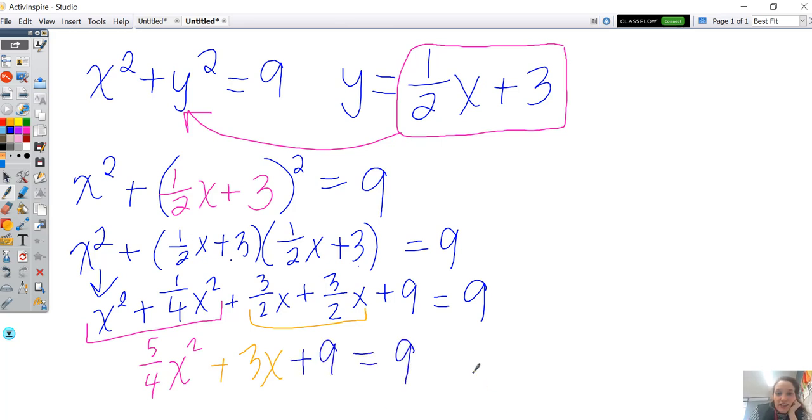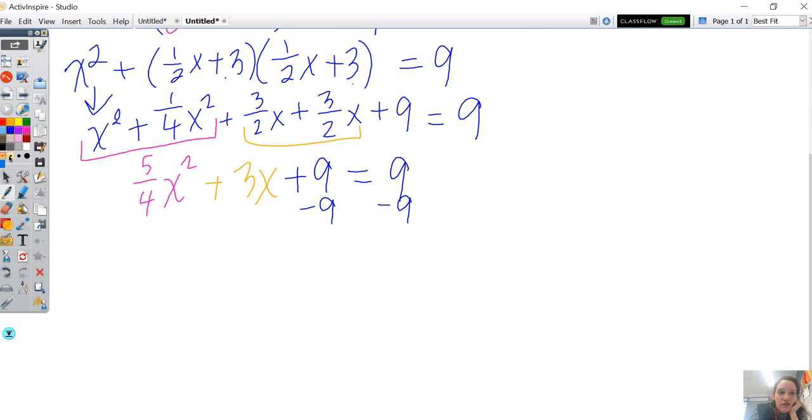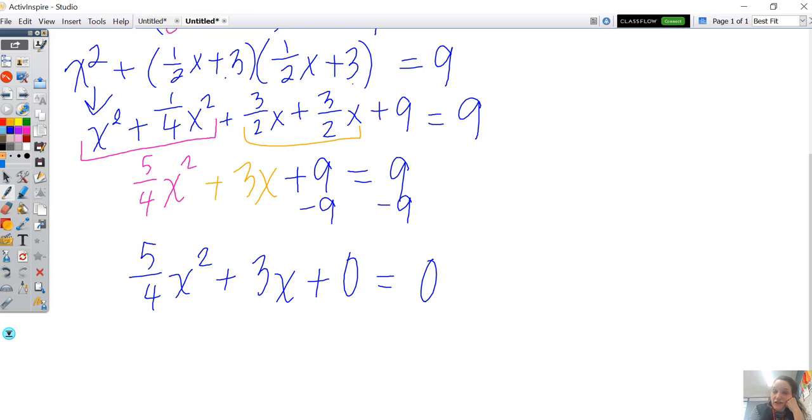And then the last thing is you want to get anything that's left on the right side of the equation and move it over to the left. So I'm going to subtract out the 9. Those are going to cancel out, but I'm just going to leave it as 0. Equals 0.